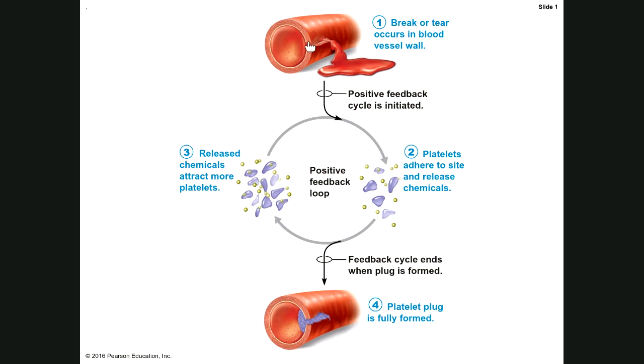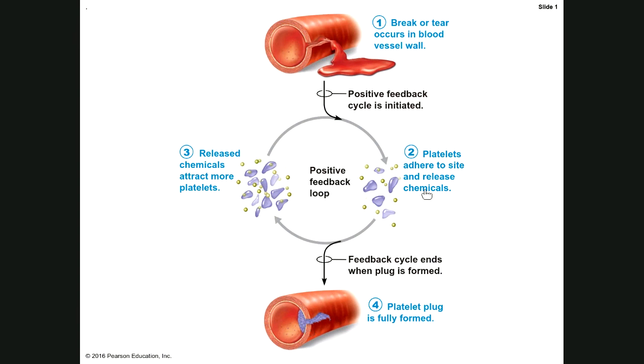So blood clotting is an example of positive feedback, and the reason for that is that if you get an injury to a blood vessel and you start to bleed, all of the little chemicals and proteins that are needed to stop the bleeding, you need to have a continual release of these items through positive feedback in order to stop the bleeding.